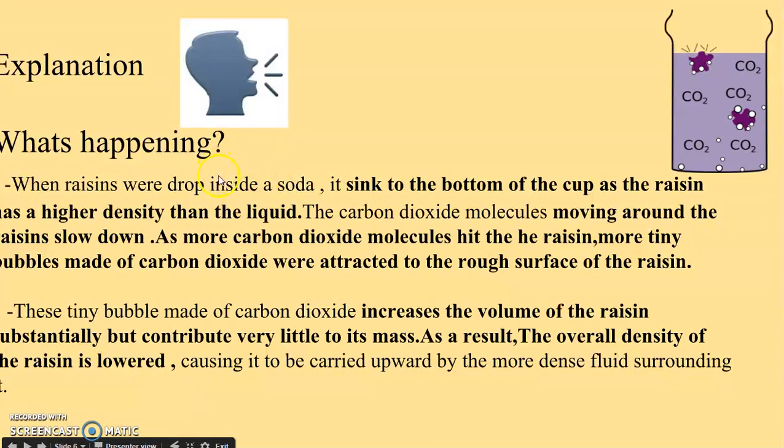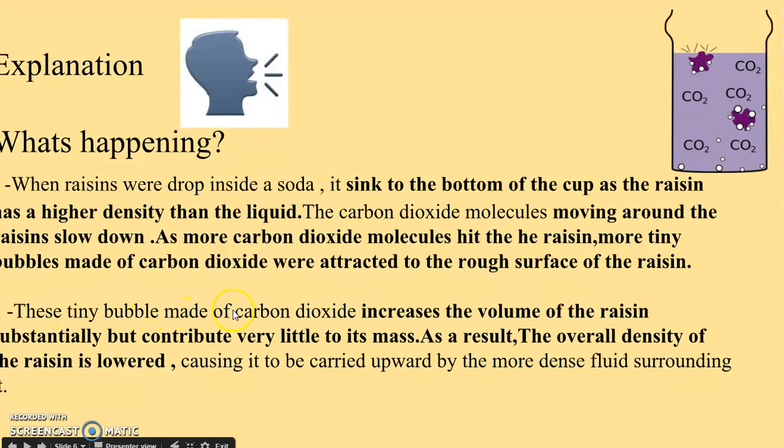When raisins are dropped inside the soda, they sink to the bottom of the cup as the raisin has a higher density than the liquid. The carbon dioxide molecules moving around the raisin slow down. As more carbon dioxide molecules hit the raisins, more tiny bubbles made of carbon dioxide are attracted to the rough surface of the raisin.